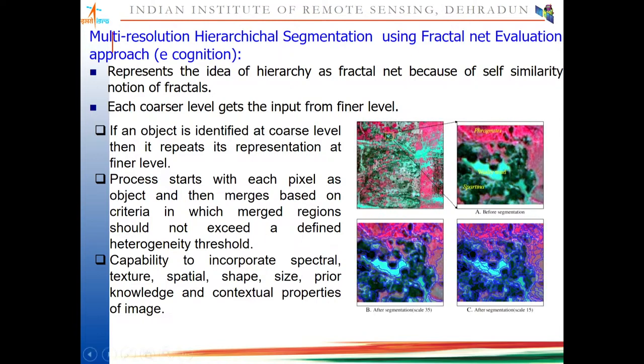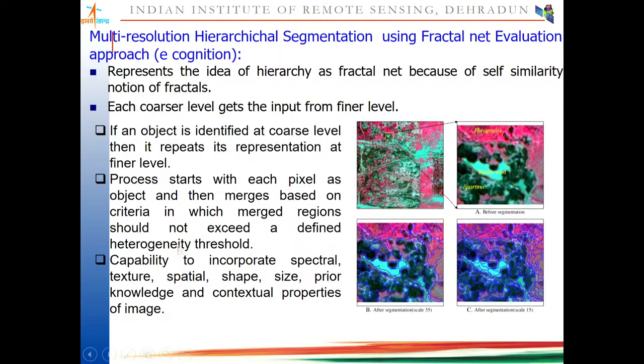Now as you have seen, we are saying that they are self-similar because this logic is based on fractal evaluation. So each coarser level gets the input from the finer level, and therefore if the object is identified at the coarser level, then it will repeat the same representation at the finer level also. Now the process starts with each pixel as an object and then merges based on the criteria in which the merged regions should not exceed a defined heterogeneity threshold.